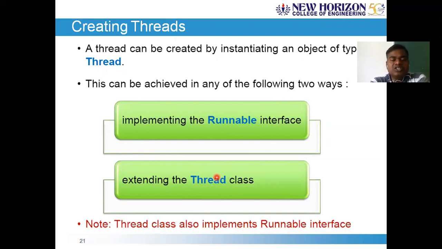Now, from the examination point of view, sometimes they may ask you to illustrate a program by creating your own thread using the Runnable interface. You should be able to explain and write the program using only this particular technique. If the question is asked using the Runnable interface, sometimes they may ask to illustrate new thread creation using the Thread class.